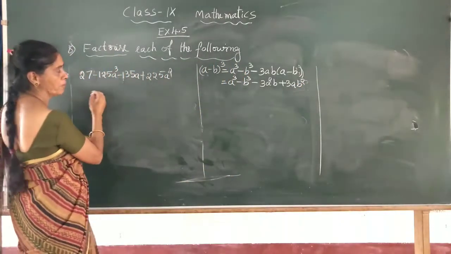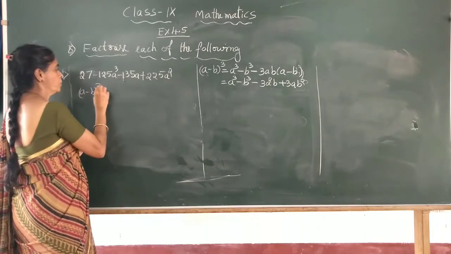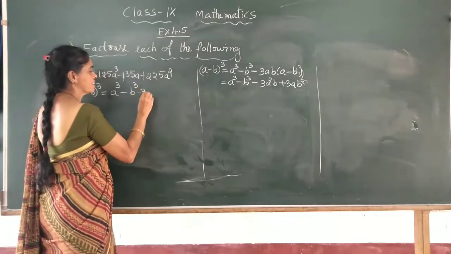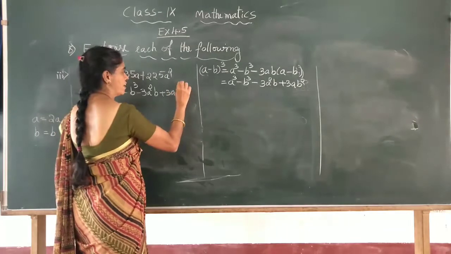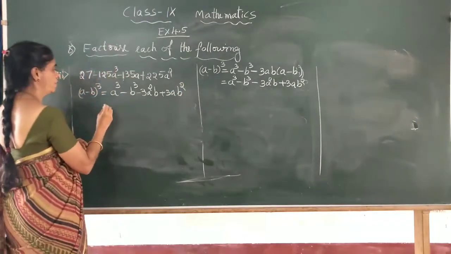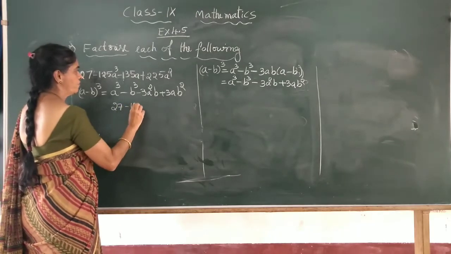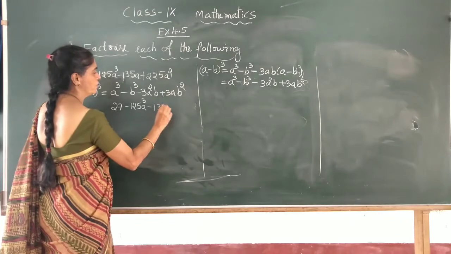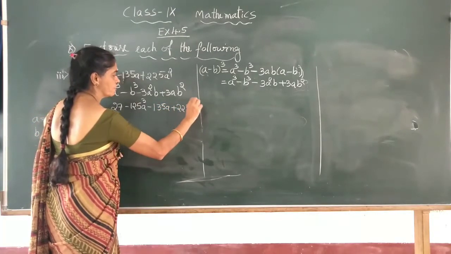So write the problem, write the identity. (a minus b) whole cube is equal to a cube minus b cube minus 3a square b plus 3ab square. Now your problem, write down. It is 27 minus 125 a cube minus 135 a plus 225 a square.